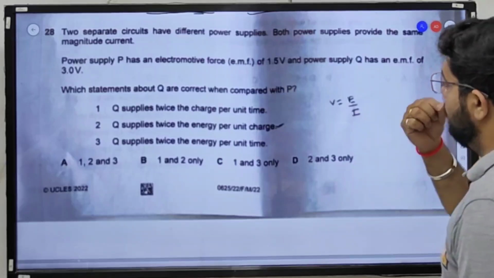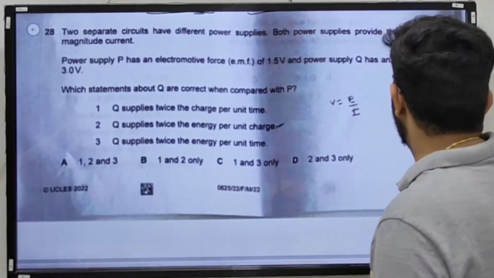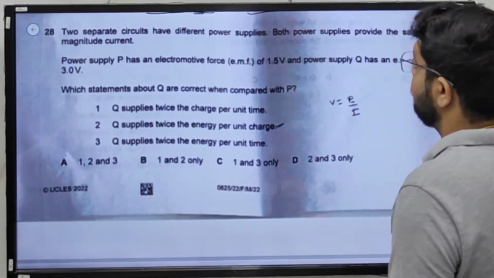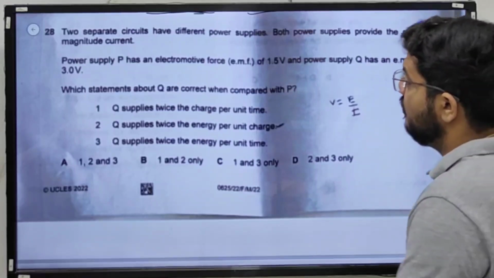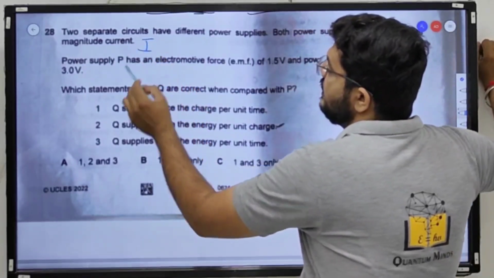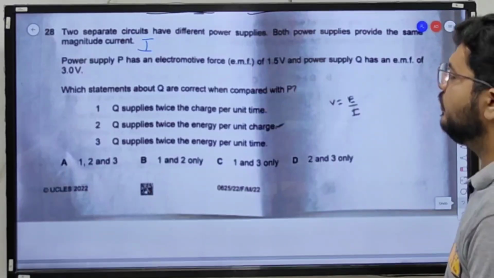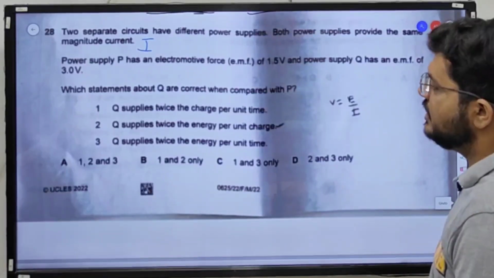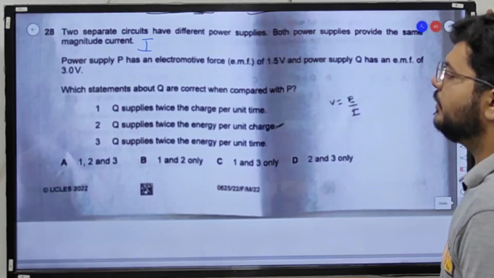Then we have question 28. Two separate circuits have different power supplies. Both power supplies provide the same magnitude of current. So the current I is the same. Power supply P has an EMF of 1.5 volt and power supply Q has an EMF of 3 volt. Which statements about Q are correct when compared with P?